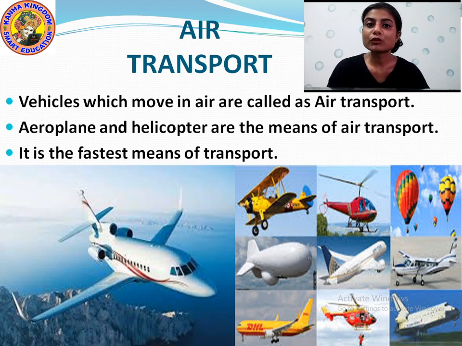We can travel from one place to another in an aeroplane within very little time, and compared to that, if we use a train, we will reach our destination, but we will reach late as it requires more time to travel. Land transport requires more time to travel from one place to another, and air transport requires less time. That is why it is considered the fastest means of transport.